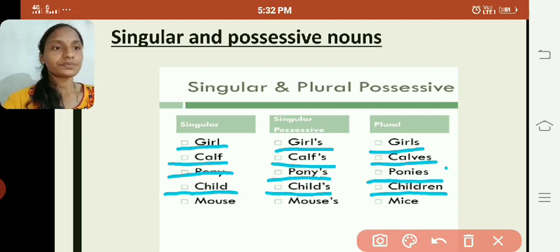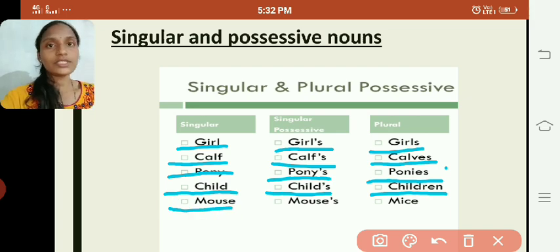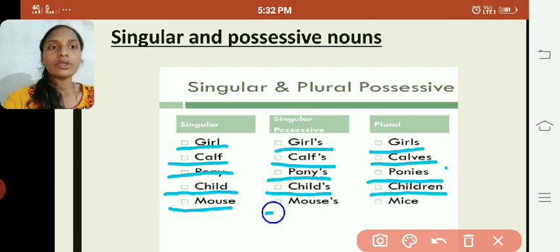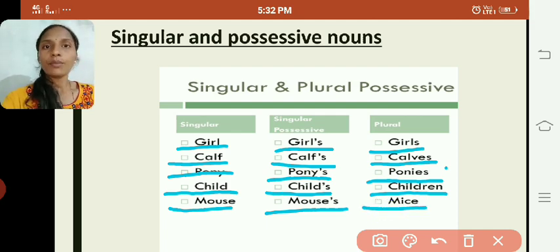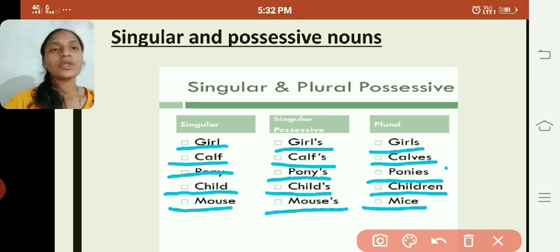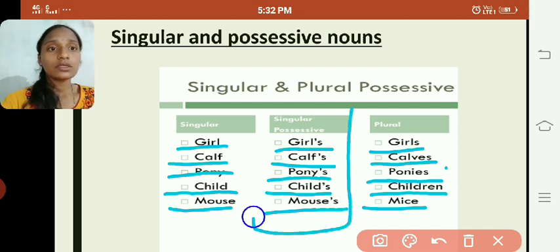Okay, mouse. Mouse is a singular noun. If you want to say mouse's hole, that belongs to the mouse, so it becomes apostrophe s. And the plural of mouse is mice. More than one mouse is mice. Okay, so got more clear about possession.